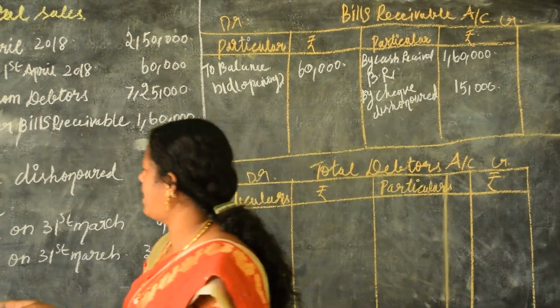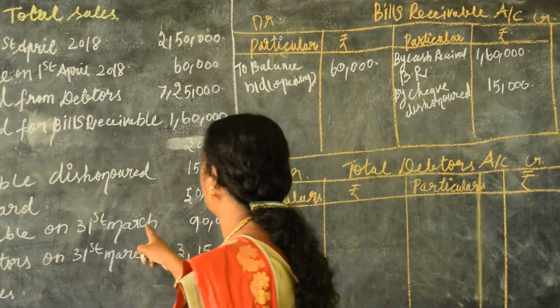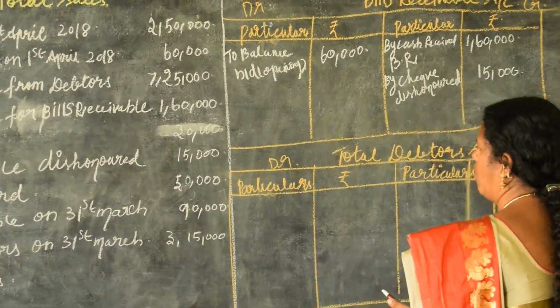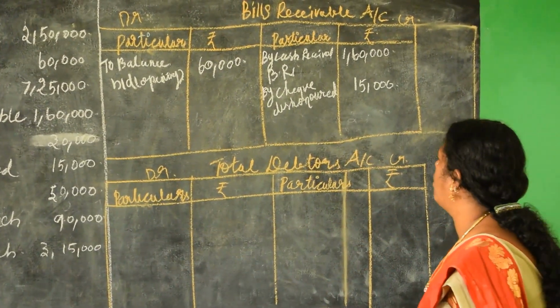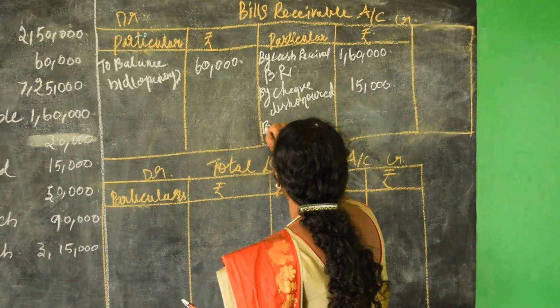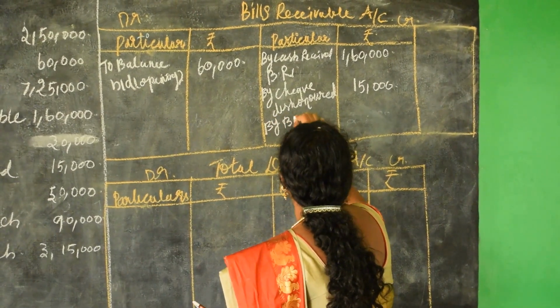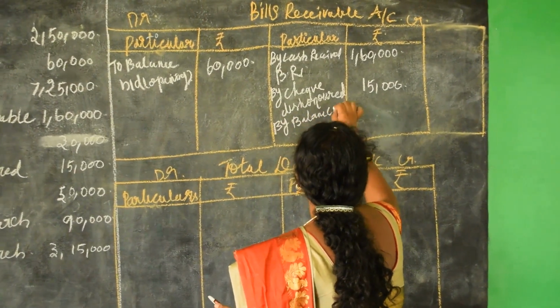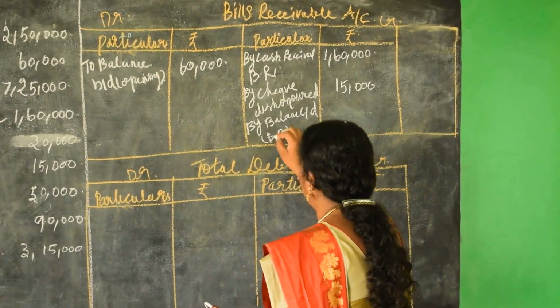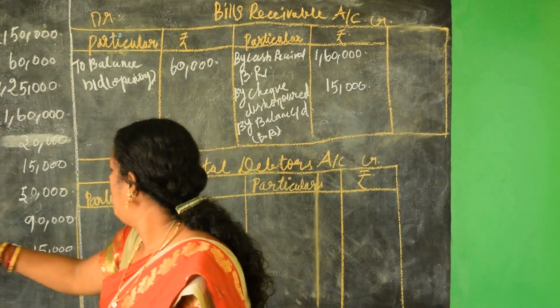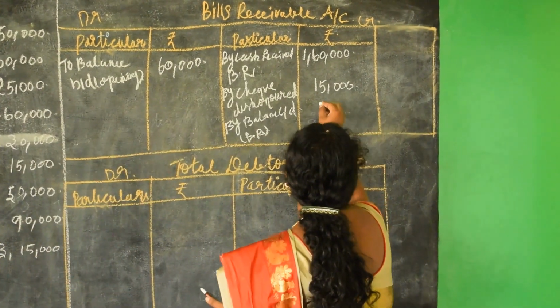Yes. Then what is the last item? Bills receivable on 31st March, 90,000. This is termed as the closing bills receivable. Most probably it should come here, by balance C/D, bills receivable C/D. What's the amount? 90,000.